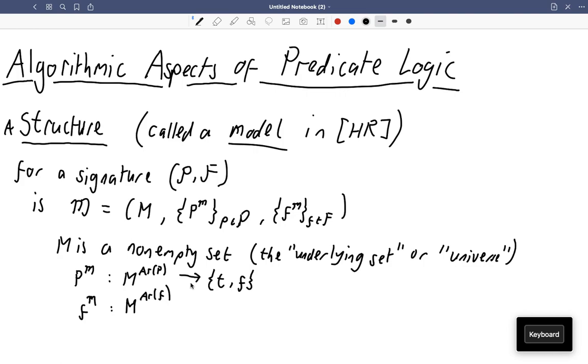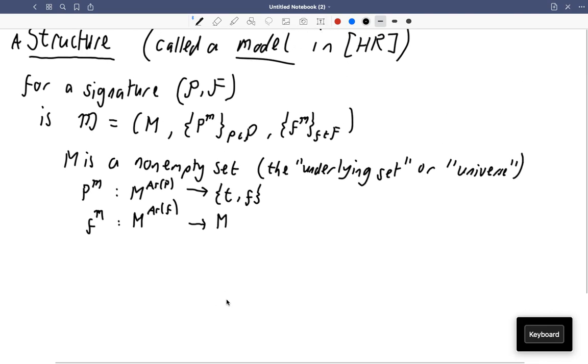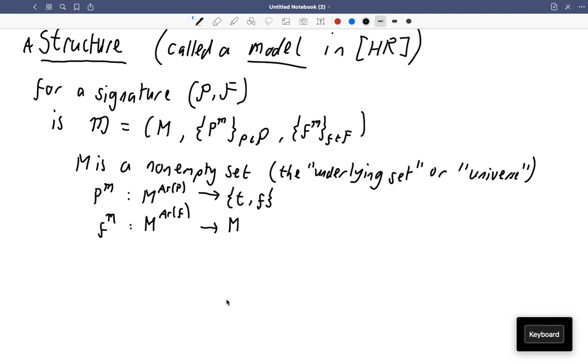And this time, because it's a function symbol, it gives us back an element of the underlying set M. Okay, and that's what a structure is.